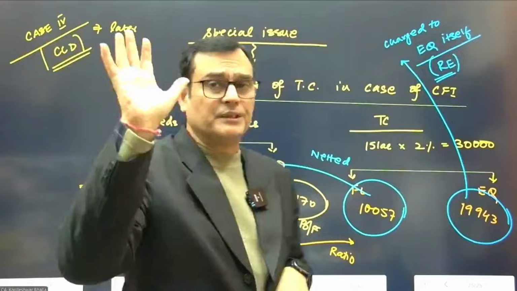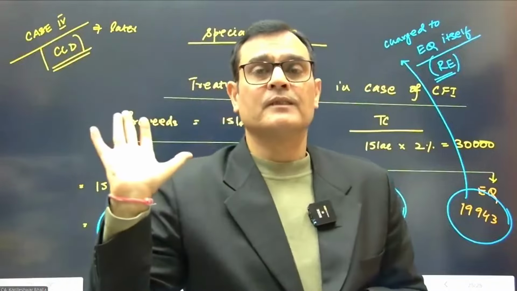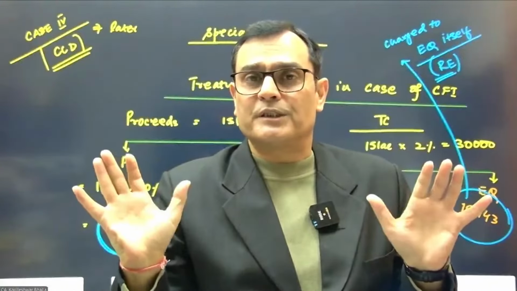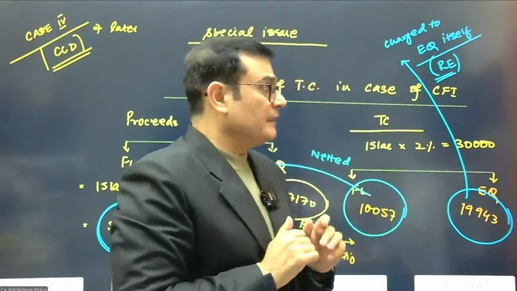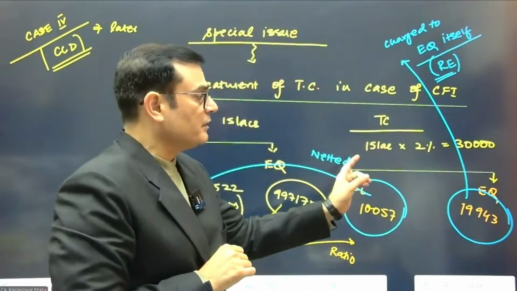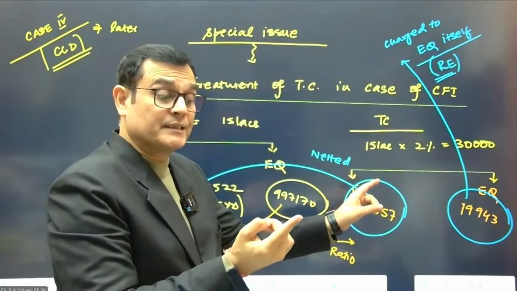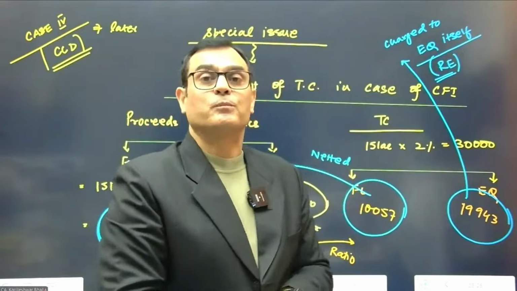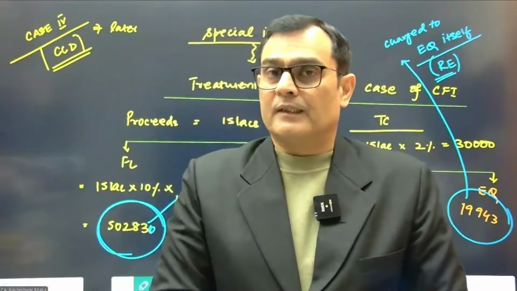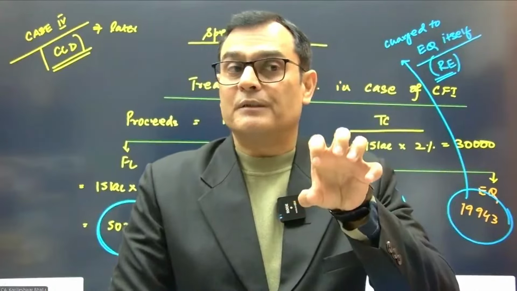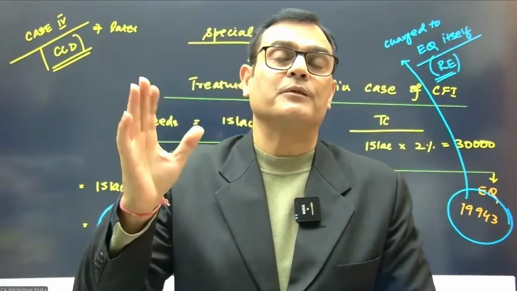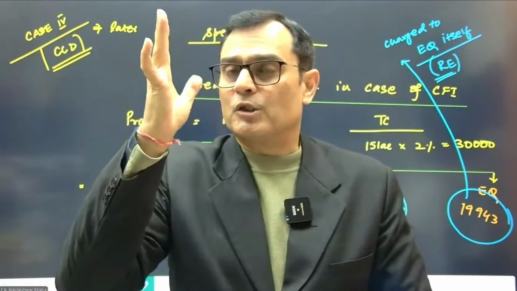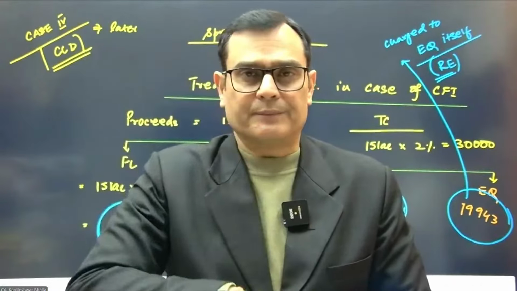Don't even think about a TC at the initial stage. Once you have segregated the proceeds in terms of FL and equity, then sit down and segregate the transaction cost in terms of FL and equity in the same ratio, which is the split accounting done. The TC relating to financial liability will be netted off against FL, and the TC relating to equity will be taken to SOCI retained earnings directly.